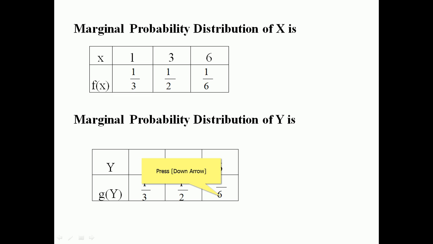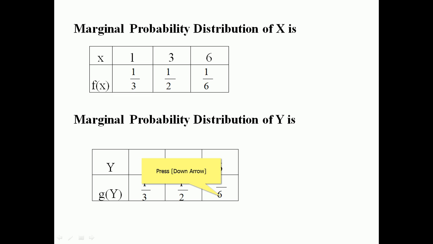Similarly, for the marginal distribution of the variable y, y also takes the values 1, 3, 6. Sum of the first column is 1 by 3, second column sum is 1 by 2, third column sum is 1 by 6. This is the marginal distribution of the variable y. Now, J11 is 1 by 9. f of x1 into g of y1 is 1 by 3 into 1 by 3, definitely equal to 1 by 9.